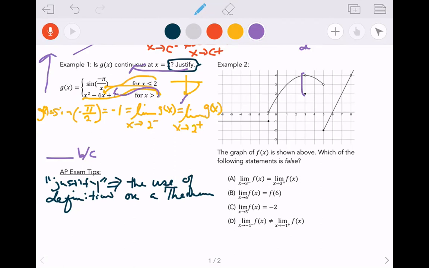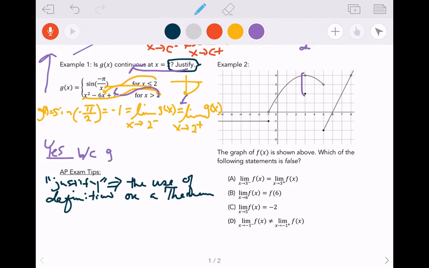Then I'd put a slash through this equals, but I could still answer. But let's go like this. This is a yes. And maybe I should actually restate it. Maybe I should say, yes, g of x is continuous at x equals 2, right? Because, and let's talk about why. Why is it continuous at x equals 2?